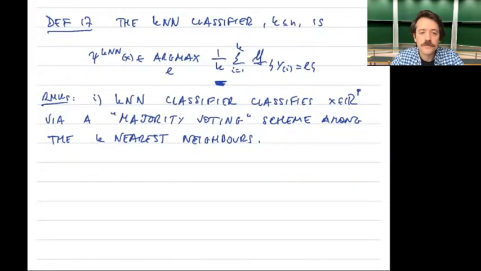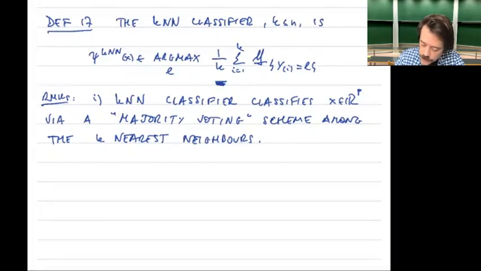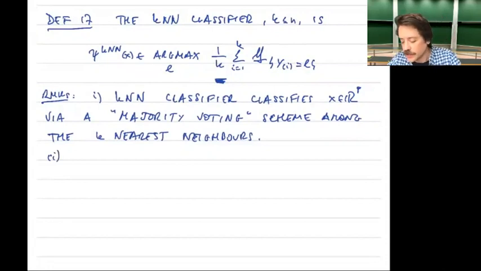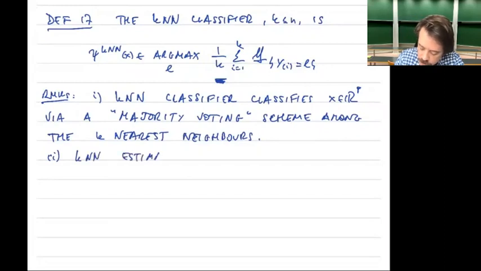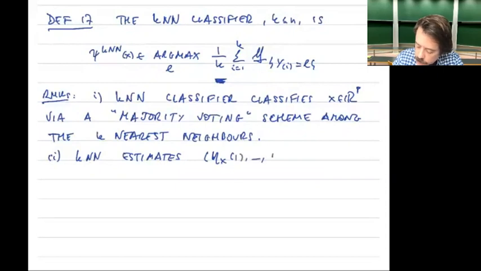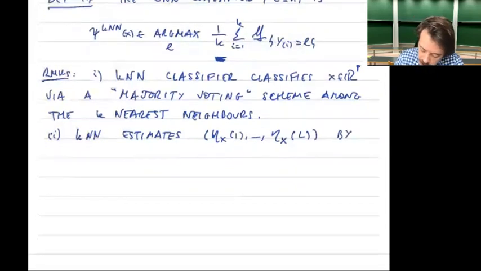Then the second remark, which is related to writing the classifier in terms of probabilities, is that the k nearest neighbors classifier estimates the regressors eta_1(x) up to eta_L(x) by these probabilities.